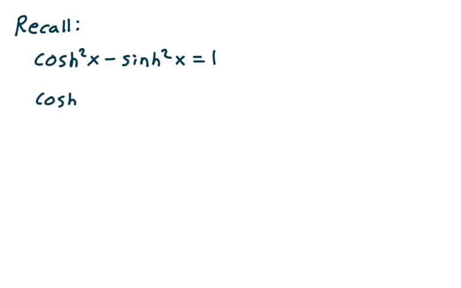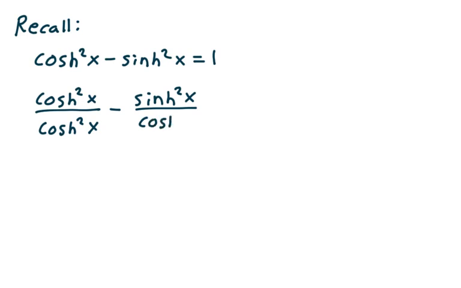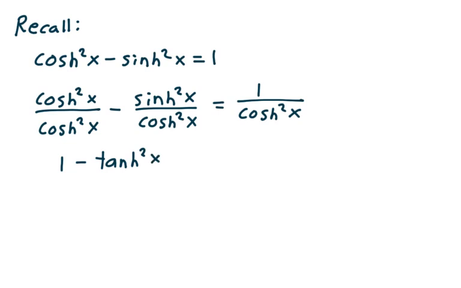This is what we get when we do that: hyperbolic cosine squared x divided by hyperbolic cosine squared x minus hyperbolic sine squared x divided by hyperbolic cosine squared x, and that's equal to 1 over hyperbolic cosine squared of x. So 1 minus hyperbolic tangent squared x is equal to hyperbolic secant squared x.